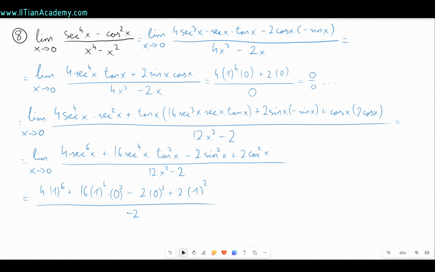So it's good we don't have a 0 on the bottom anymore. So the first one will just be 4, then that's a 0, that's a 0, so we have a plus 2 over minus 2. This is 6 over minus 2, so this is minus 3.